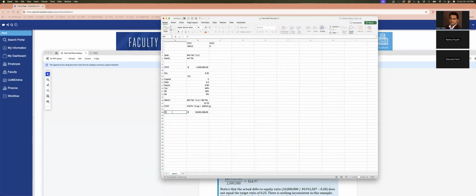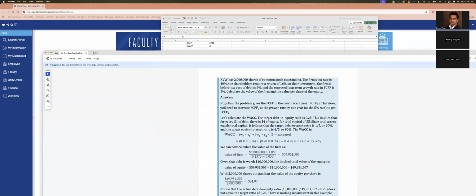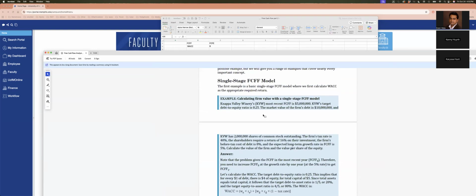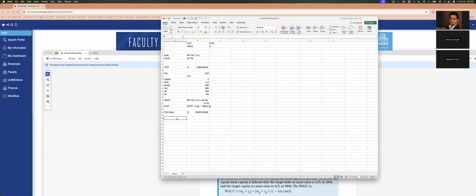That's the firm value, right? So both equity and debt. All we need to do is subtract the debt, then you'll get the equity value. How much debt does the company have? Yeah, the firm has a debt of $10 million. So when you calculate from free cash flow, all you have to do is subtract the $10 million.